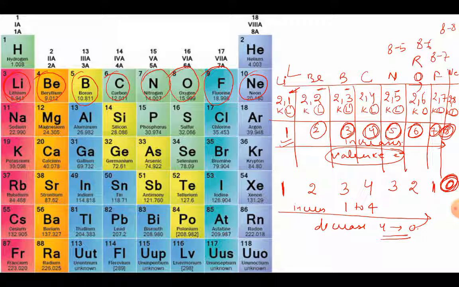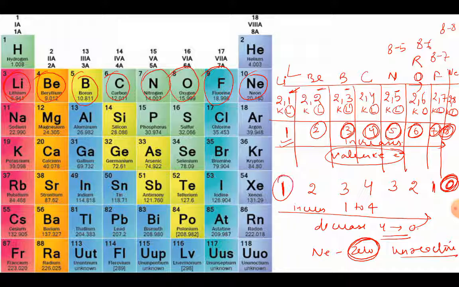It means that neon has 0 combining capacity, and that is the reason that neon and other noble gases are highly unreactive, because they do not combine at all. Their combining capacity is 0. And do we see one trend over here, that in a period there are two groups which have a valency of 1?